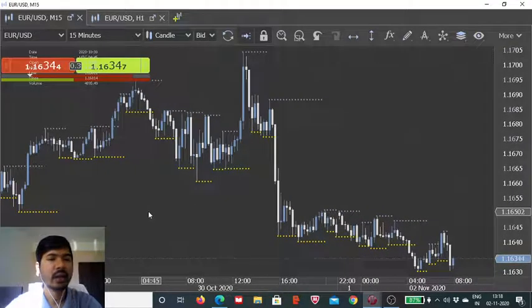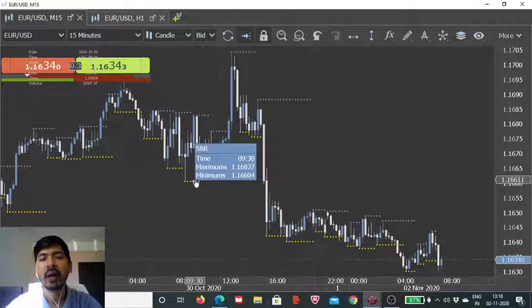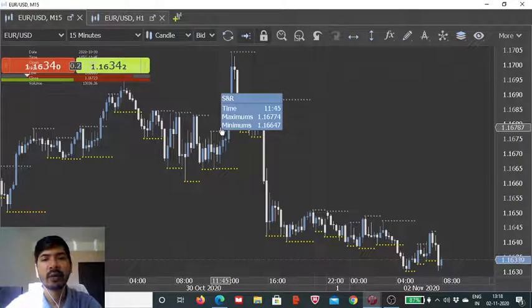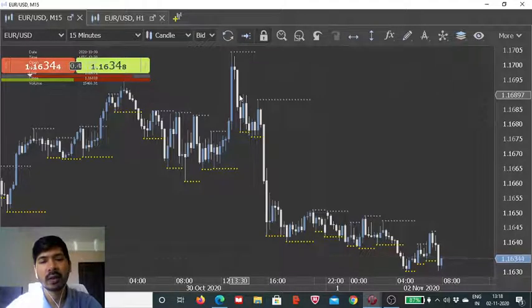My general consensus is that whenever the formation is of higher highs, that is the support levels are on the rise, and also the resistance zones are also on the rise, so basically the formation is of higher highs and higher lows, in such circumstances we generally go for the buy trade.